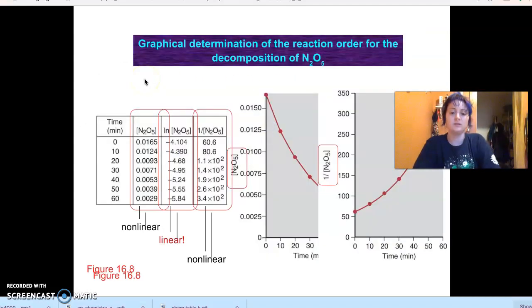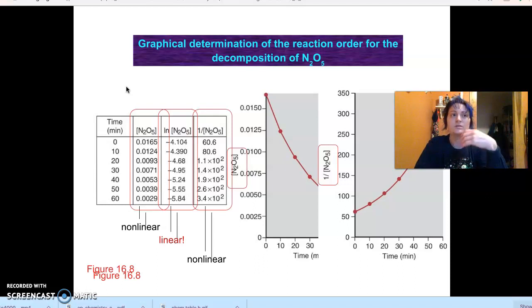All right, what they may give you on the AP exam is they may actually give you data, and they may ask you to determine the order based on those data points. So as you can see here, when they give you experimental data, the important thing to know is that we use integrated rate laws generally when they don't give you initial rate or initial concentration data.